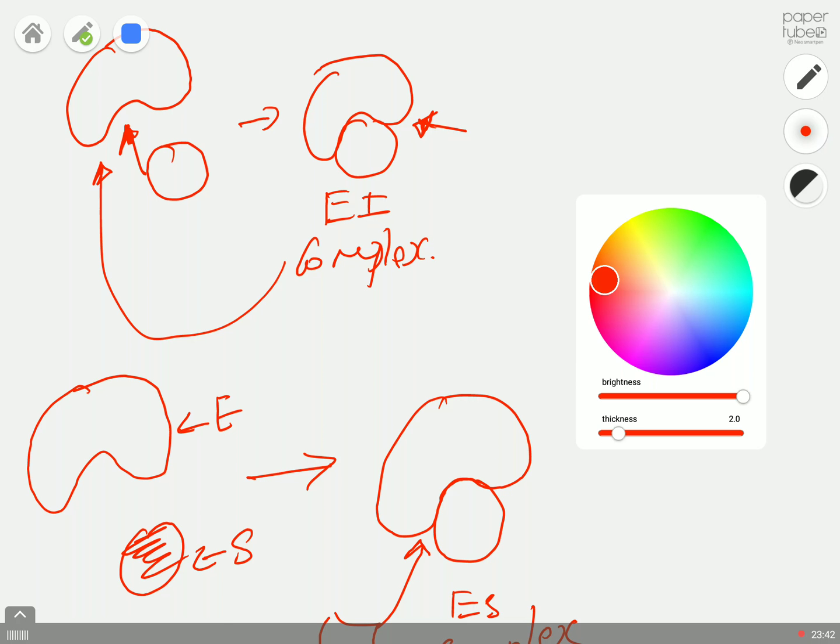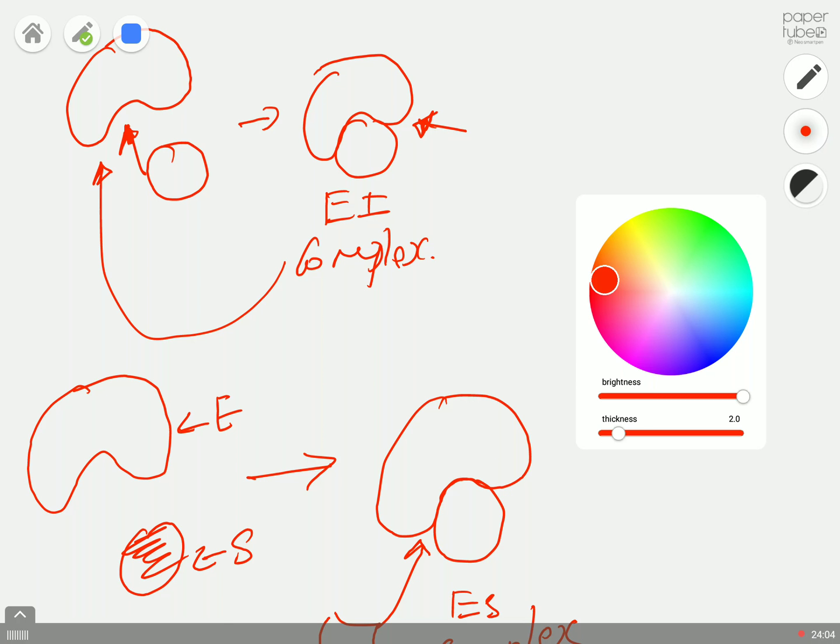Your inhibitor can bind to your enzyme, forming an enzyme inhibitor complex. That's one rule. Or your inhibitor can bind to the enzyme substrate complex, forming an enzyme substrate inhibitor complex. That's another rule.